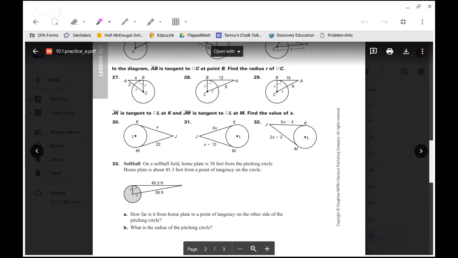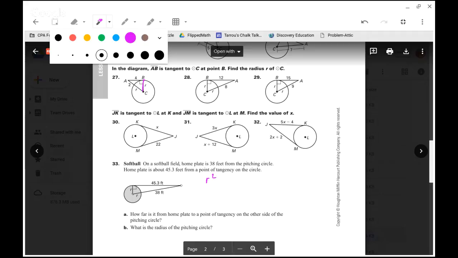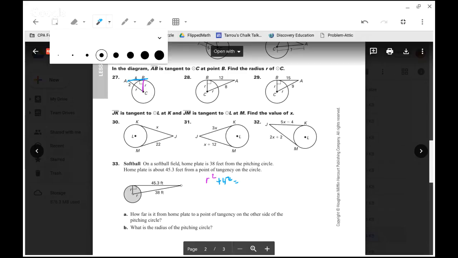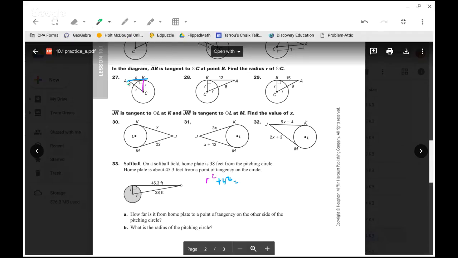So our A squared, I'm going to write down here so I have room. Our A squared could be R squared for this side. And then our B squared could be 4 squared for that side. And then C, remember C is always the side that's opposite the 90-degree angle.